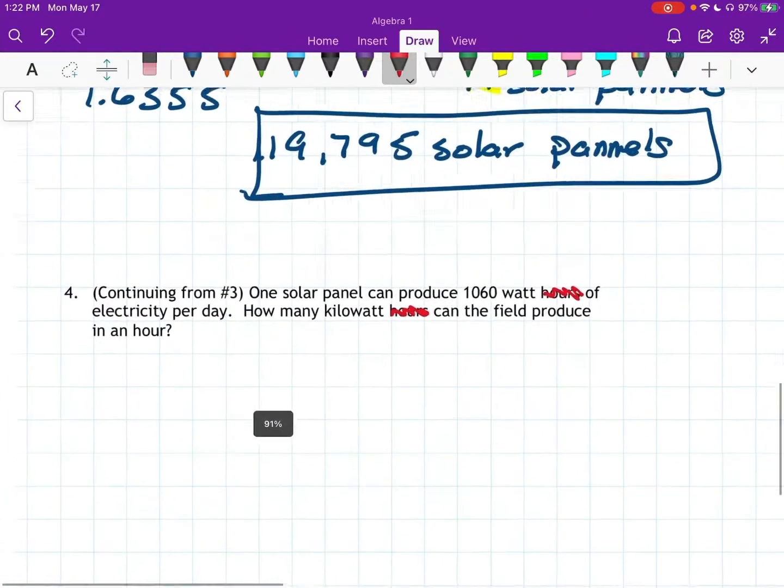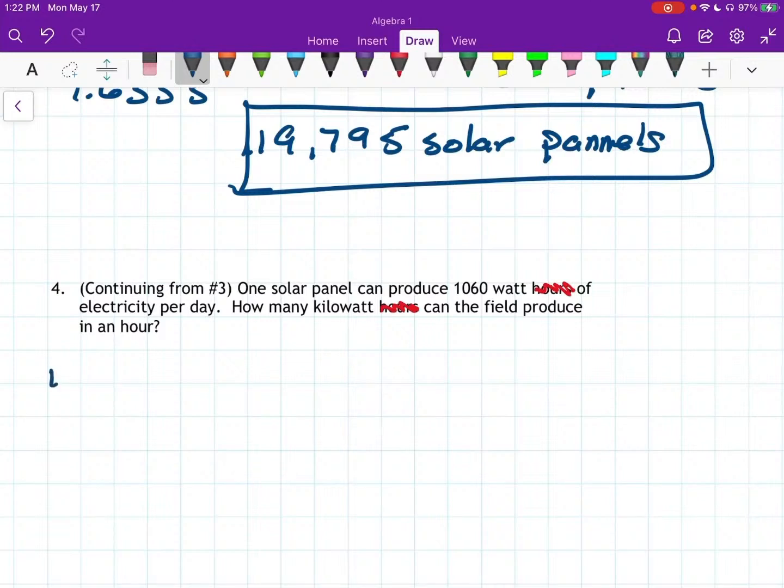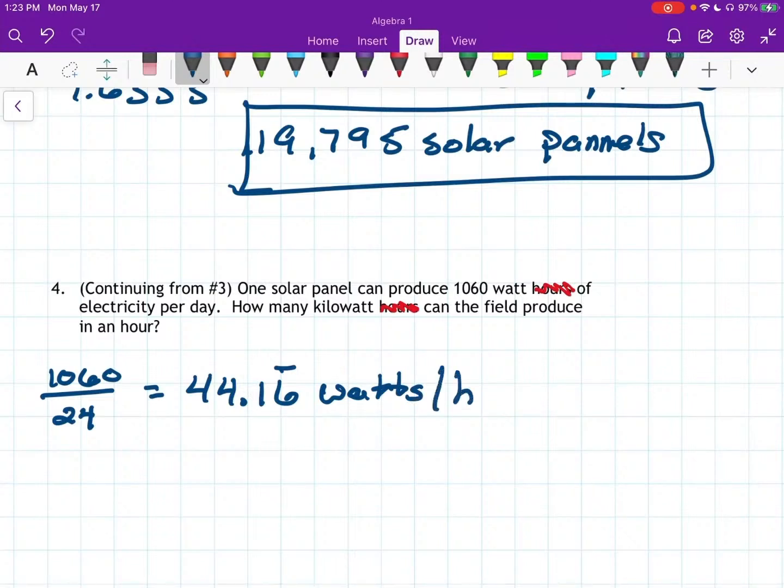So I'm going to take this 1060 and divide by 24 to give us per hour. So 1060 divided by 24, that gives me 44.16 repeating, right? So this is watts per hour.